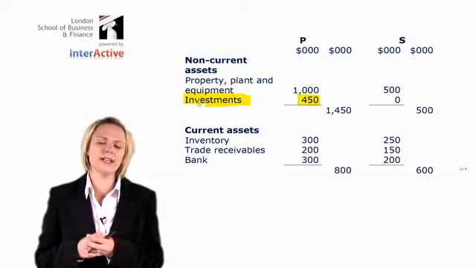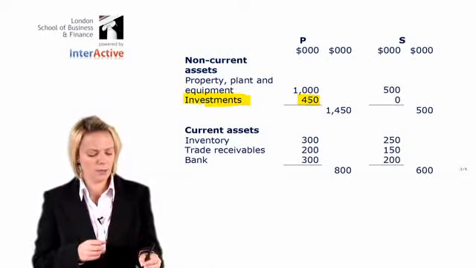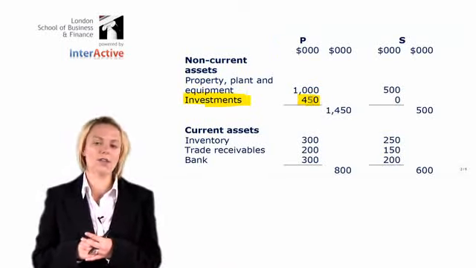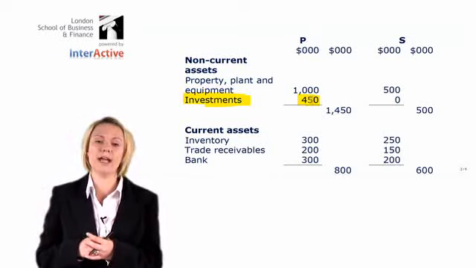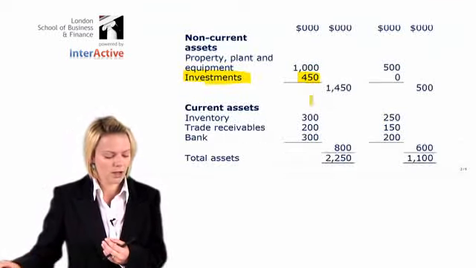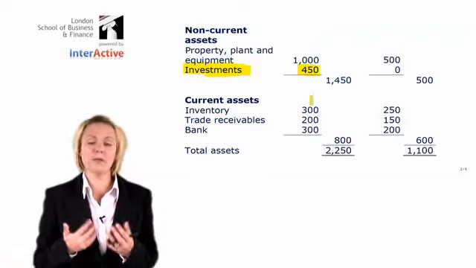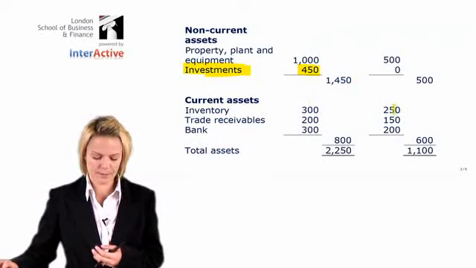Now we don't know what those investments are just yet, but we can see that $450,000 would be the cost of those investments that P made. We then have some current assets, inventory, receivables and bank for both of those companies.